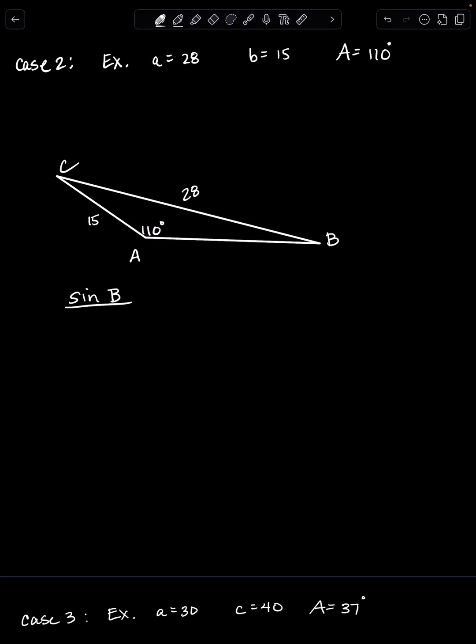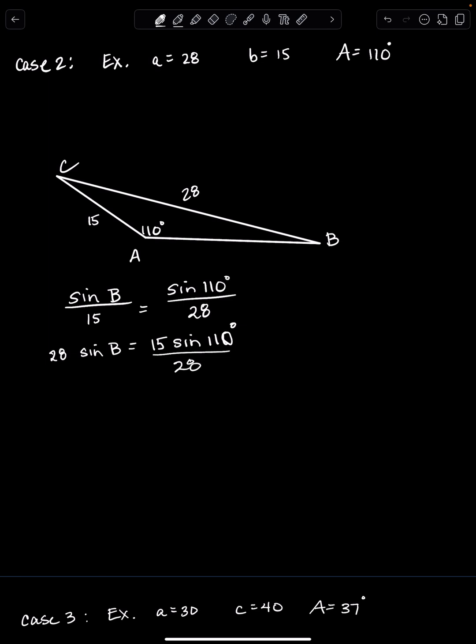So I've got sine B over 15 equals sine A over 28. All right, when I solve this, I get 28 times the sine of B equals 15 times the sine of 110. All right, isolating B by dividing by 28.